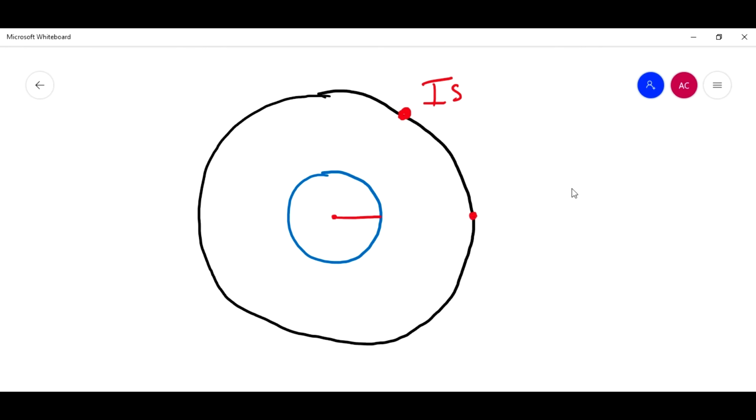That is the International Space Station, and with another color I'm going to draw the distance. This one over here is 408 kilometers. Also I need to consider the radius of the Earth.